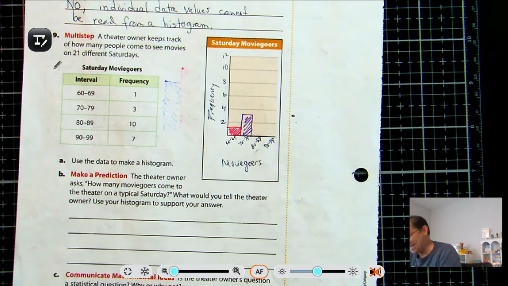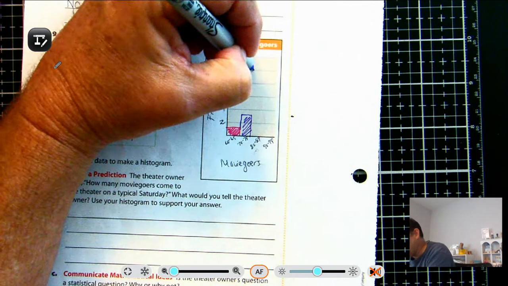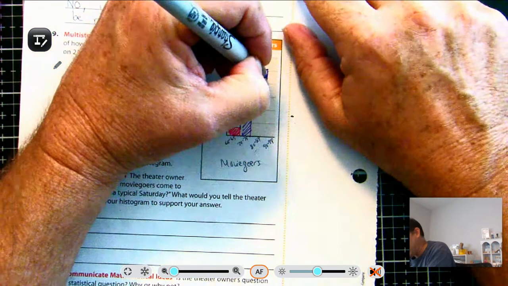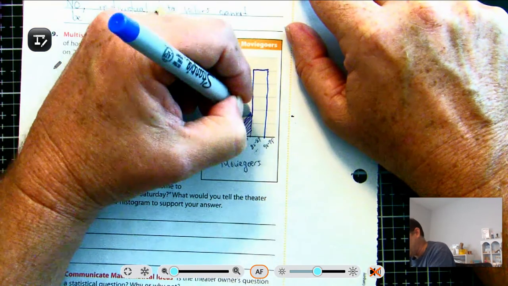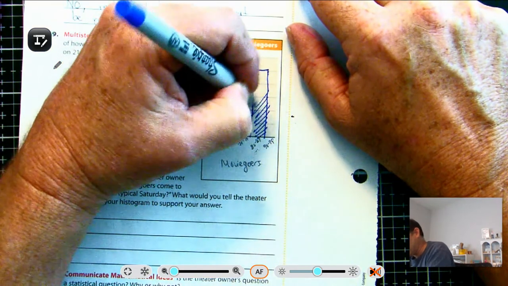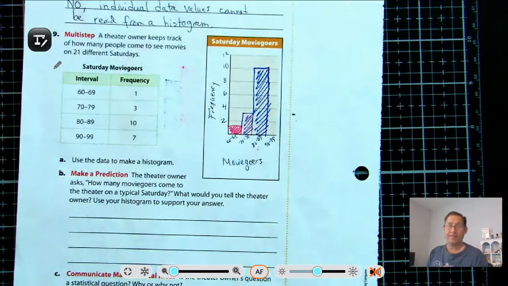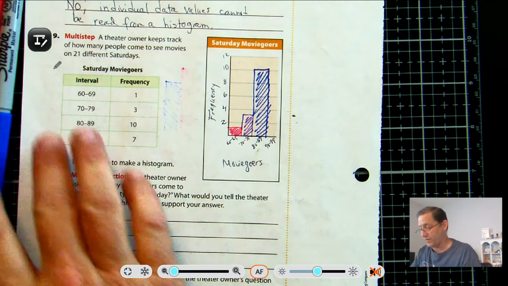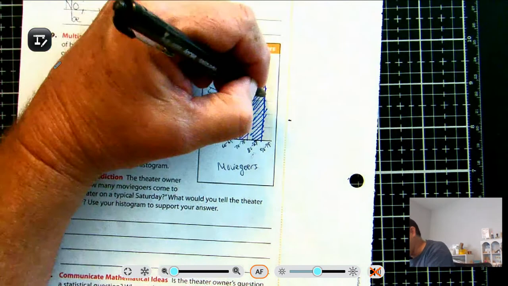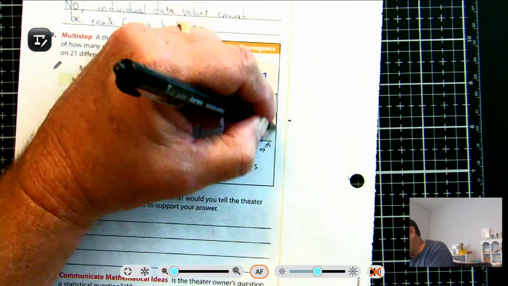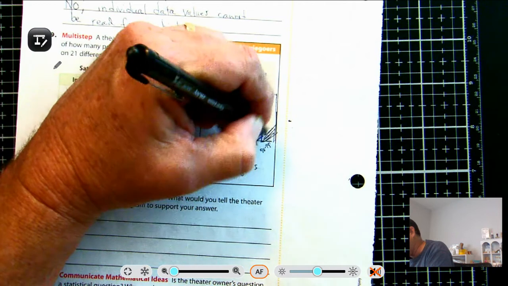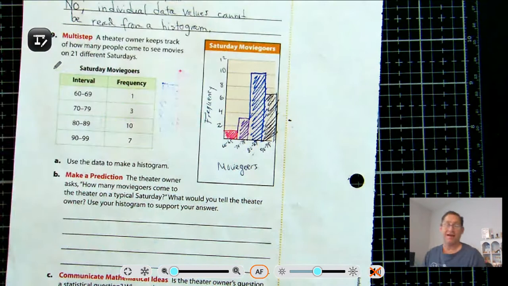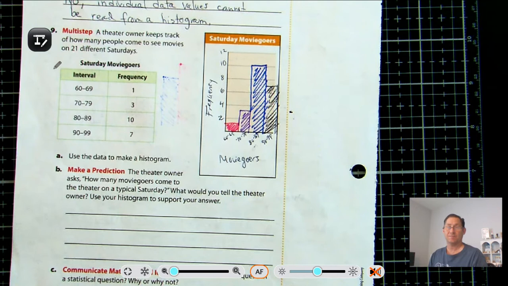Jumps up to 10 between 80 and 89 moviegoers. So there were 10 Saturdays with 80 to 89 moviegoers, and there were 7 Saturdays of 90 to 99.